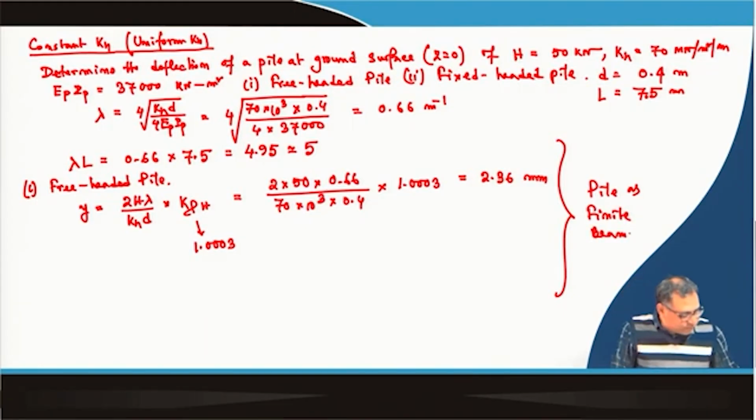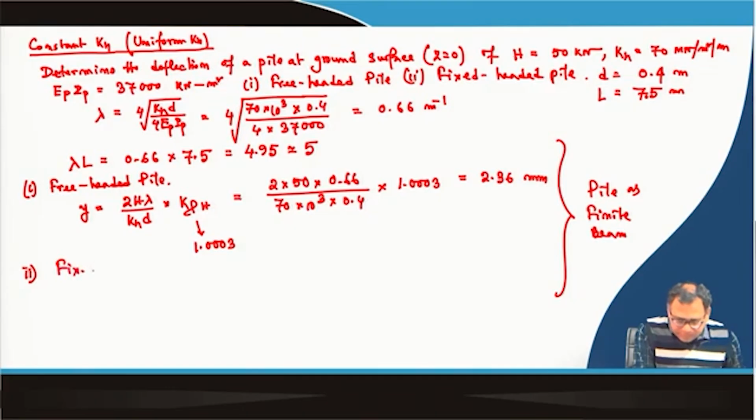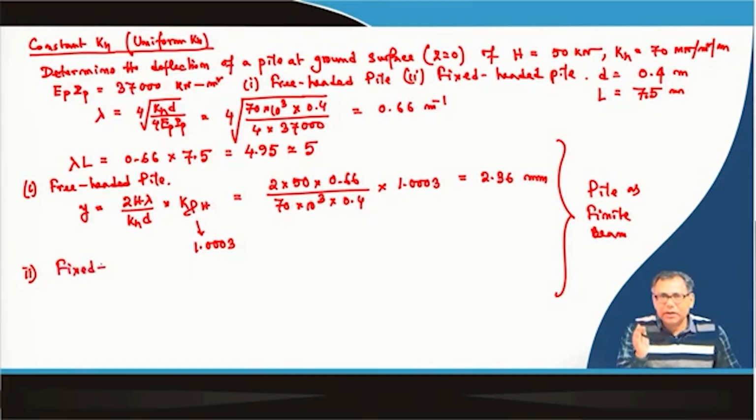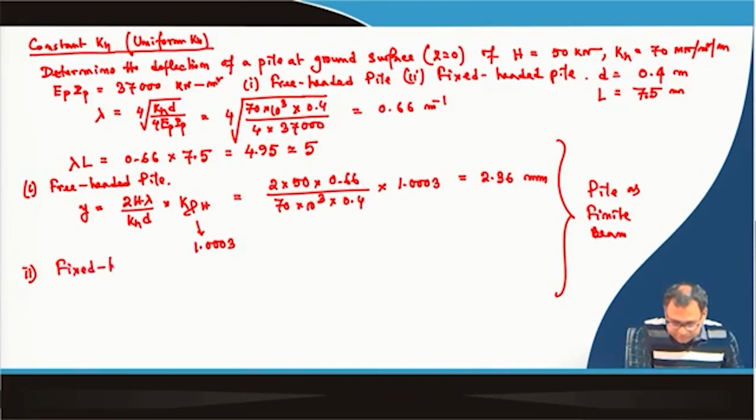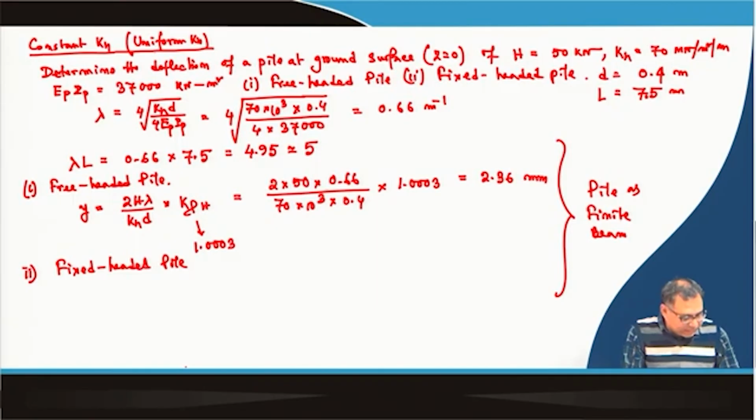Okay. So, next we will calculate for a fixed headed pile. The same condition, if the pile head is fixed, then how will we calculate that? Now, we will calculate what will be the moment that will generate due to the fixity.